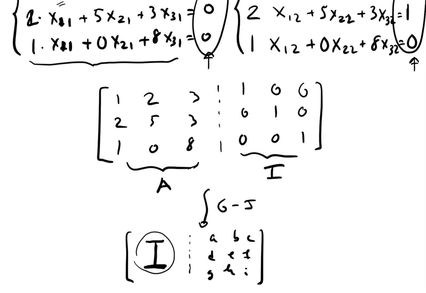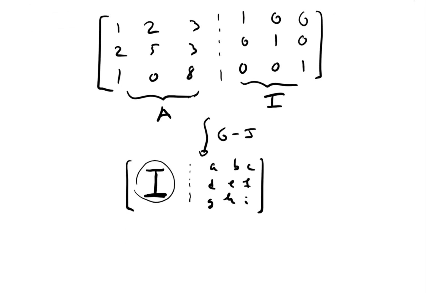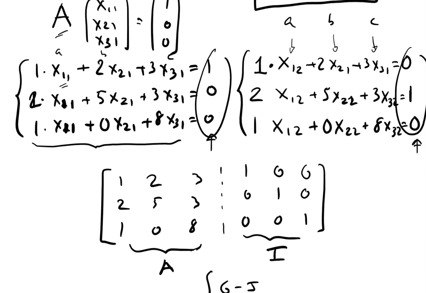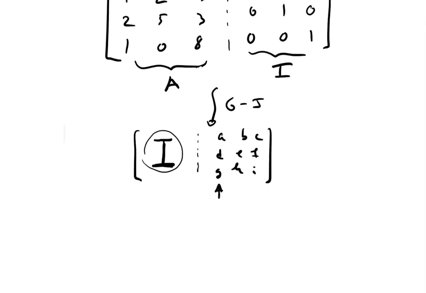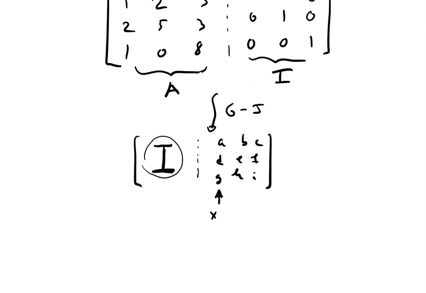So let's say that this matrix is A, B, C, D, E, F, G, H, I. From this matrix, I can recover my unknowns. Remember, what were my unknowns? For my first system, it's x11, x21, x31. Well, those correspond to the entries in this column. So this column I wrote ADG, but it's actually x11, x21, and x31.